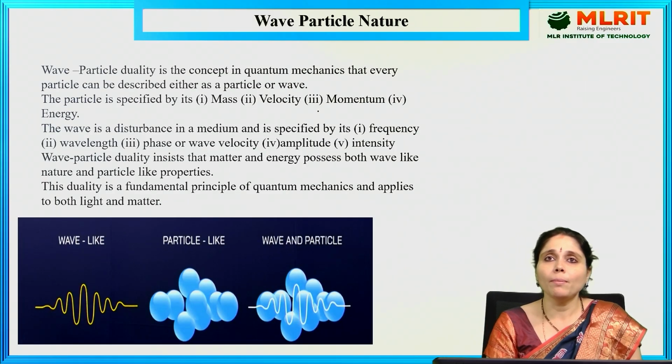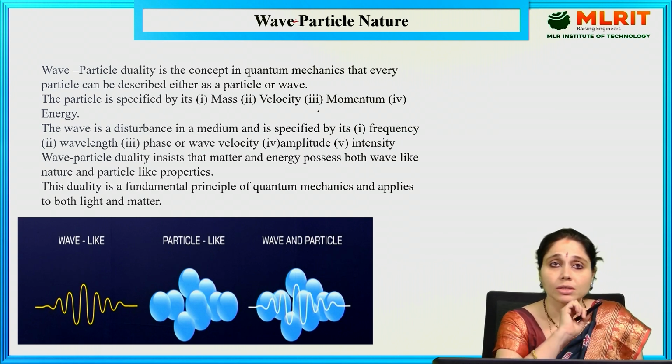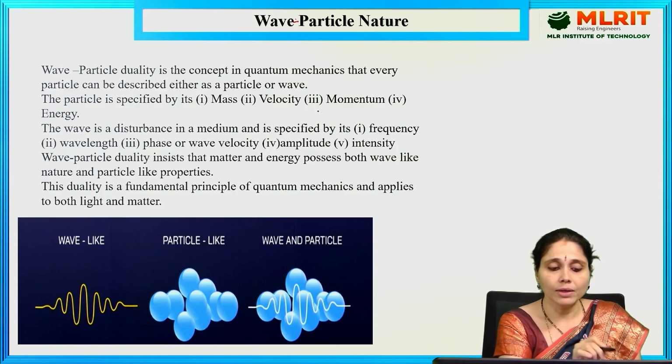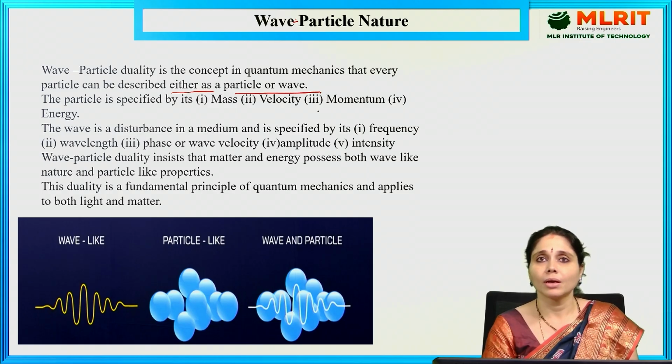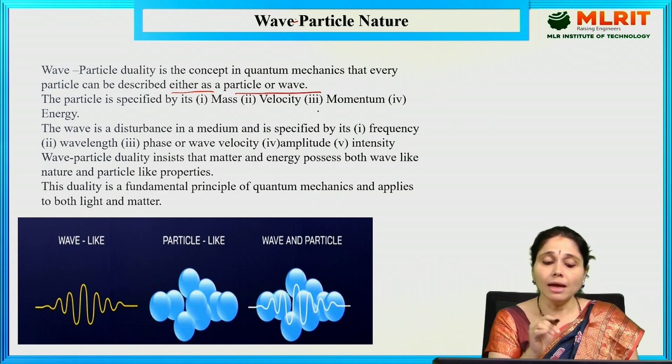Now, wave particle nature: wave and particle. What is a wave? What is a particle? Let us look at the specifications. Wave particle duality is a concept in quantum mechanics that every particle can be described either as a particle or a wave.